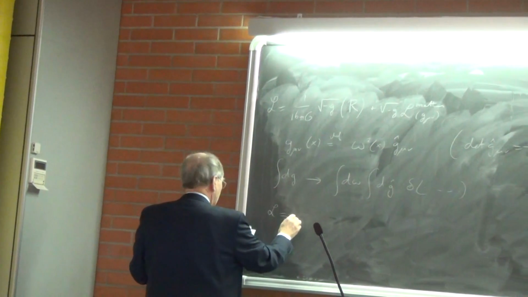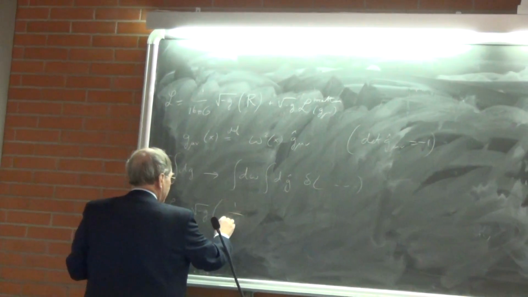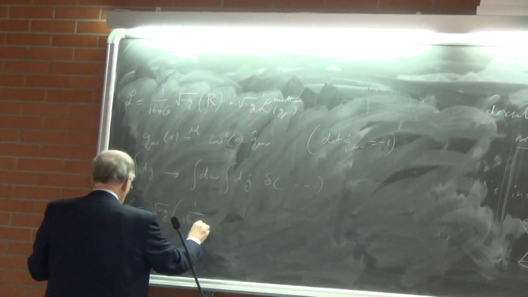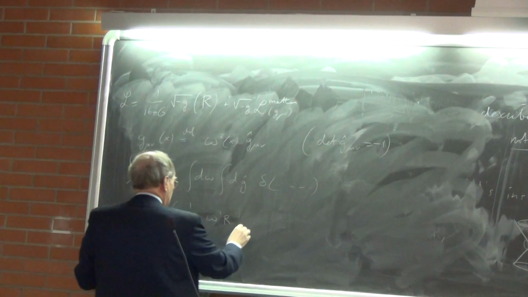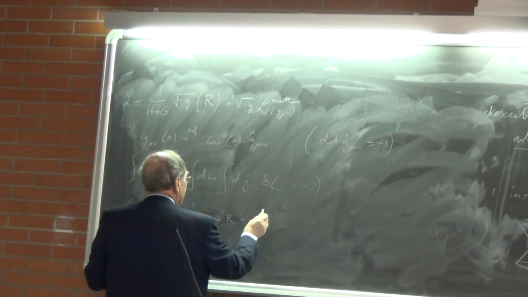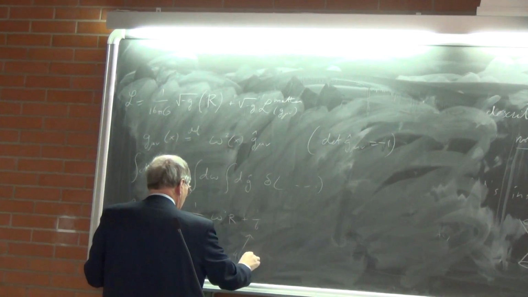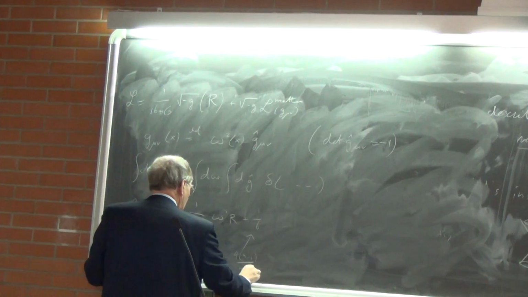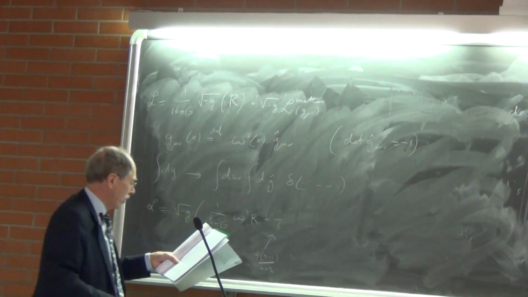L is square root of minus g, better put it in front of everything. There will be 1 over 16 pi G times omega squared R. And that will be plus 1/6. Actually, 1/6 can be seen in n dimensions to be (n minus 1) divided by 4(n minus 2), but let's stick to 4 dimensions.